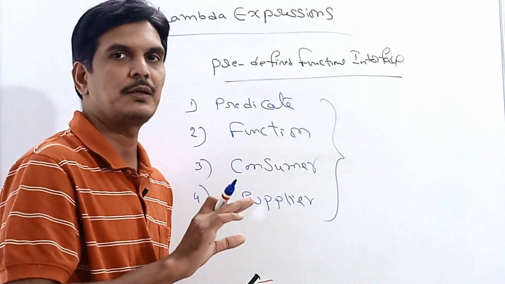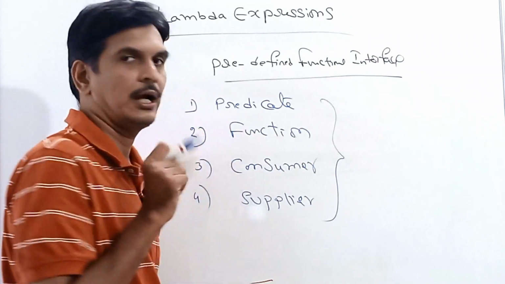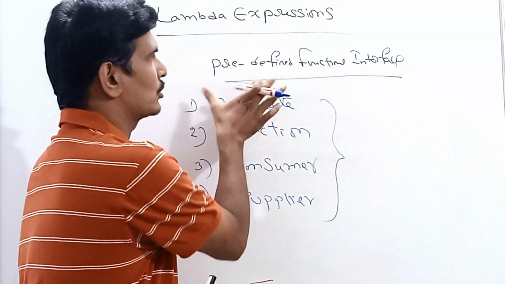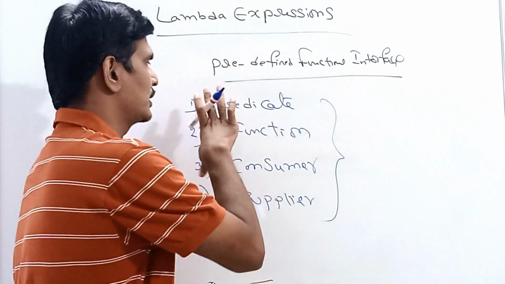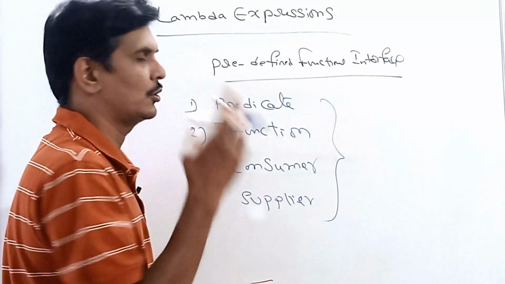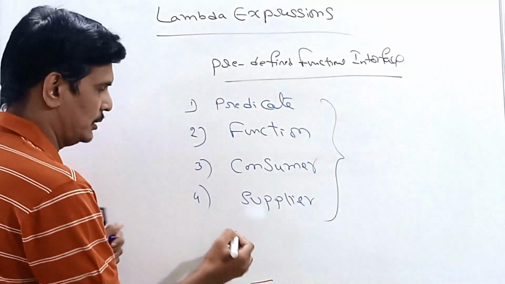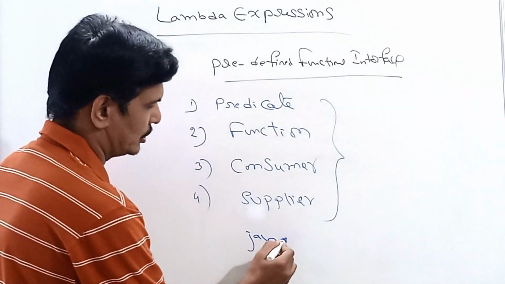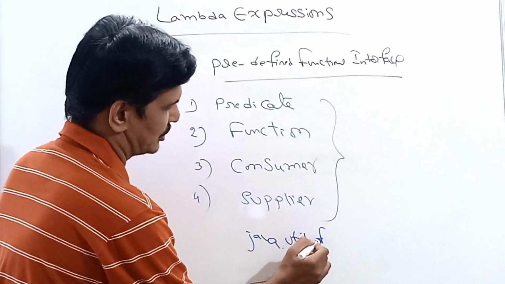Functional interfaces should have one abstract method; only then can we call them functional interfaces. These interfaces are already there in Java, and in which package can we access all of them? We have a package called java.util.function.